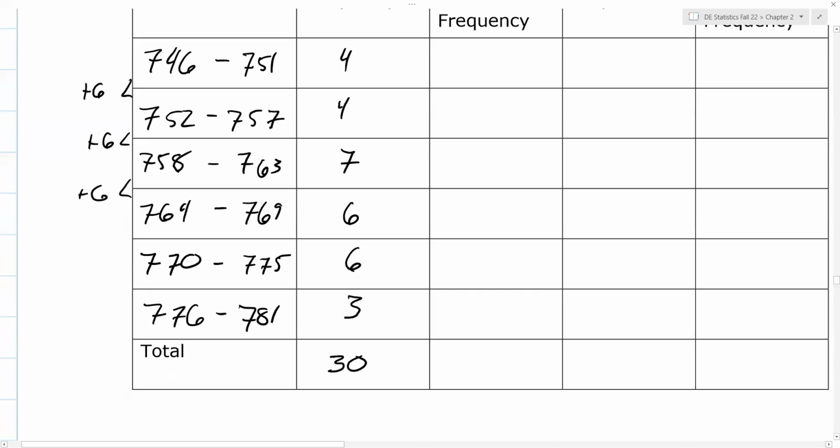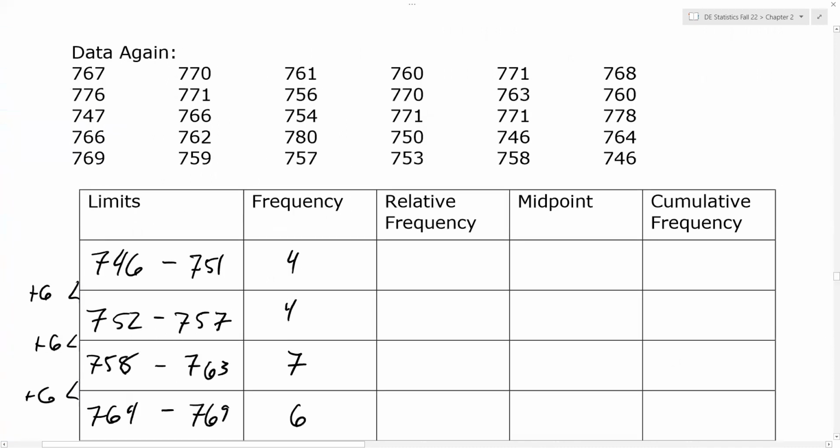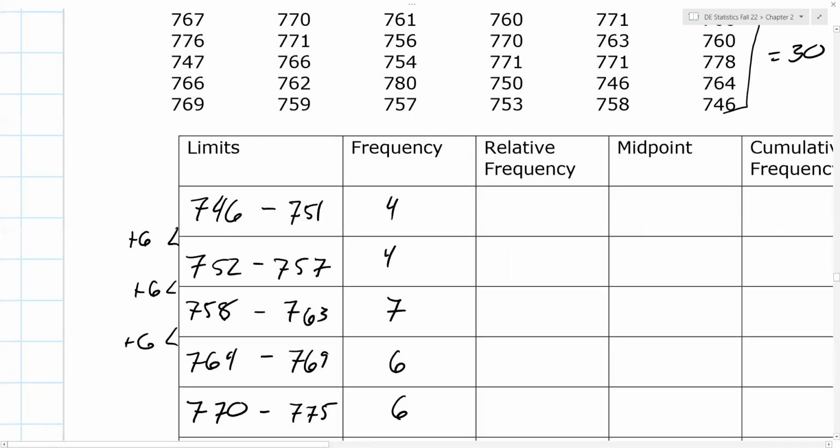So up here, I'm going to count to make sure I have 30 different data points. So I go down 1, 2, 3, 4, 5, 1, 2, 3, 4, 5, 6. 5 times 6 equals 30. I have 30 data points in my data set. I counted 30. So my frequencies and my data set match up. That is a good, quick, easy check to make sure I'm off on the right foot.